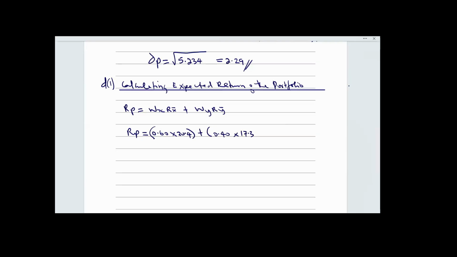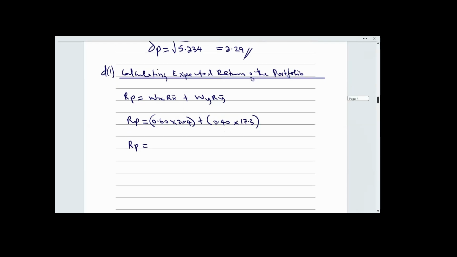Yes, sir. So use your calculator and give me the final answer. Open a bracket, 0.6 multiplied by 20.4, close the bracket, plus open another bracket, 0.4 multiplied by 17.3. 19.16.